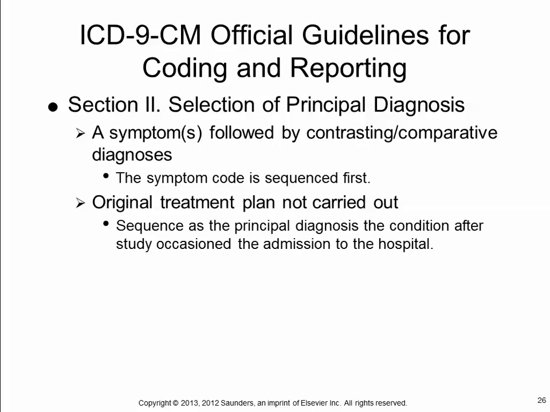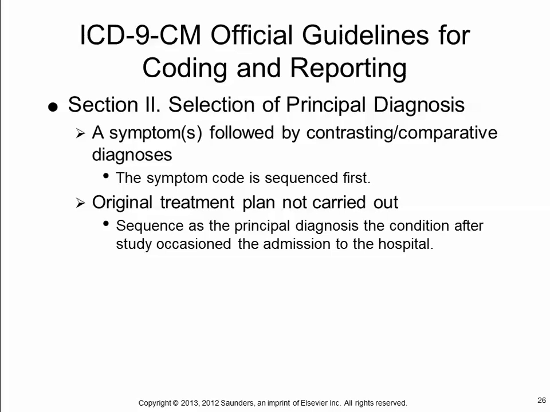What do you do if you have a symptom that's followed by a contrasting or comparative diagnosis? The symptom is sequenced first because we don't have a definitive diagnosis, right? We have two possible, but we don't have an actual definitive diagnosis. So in that case, we code the symptom first, okay?